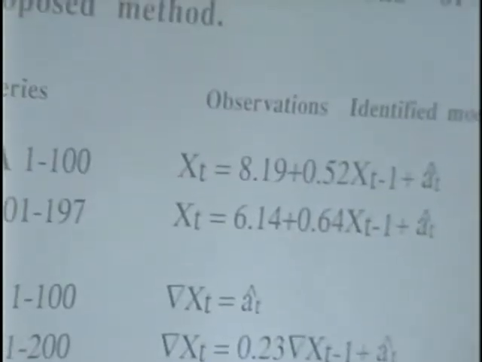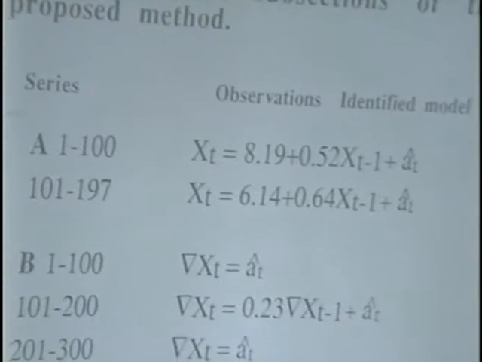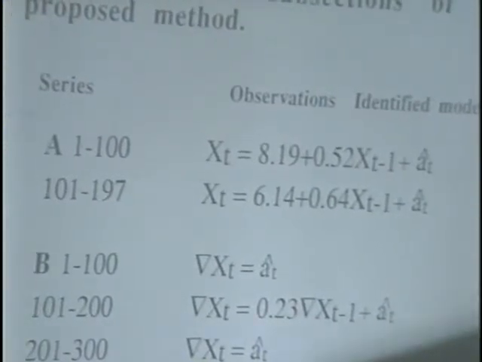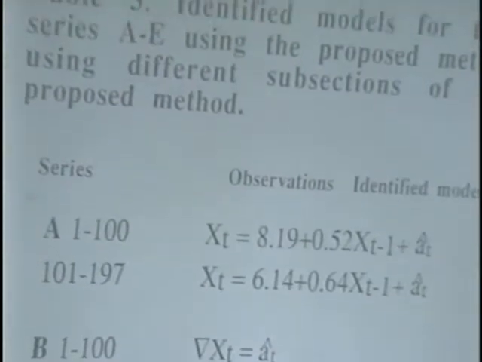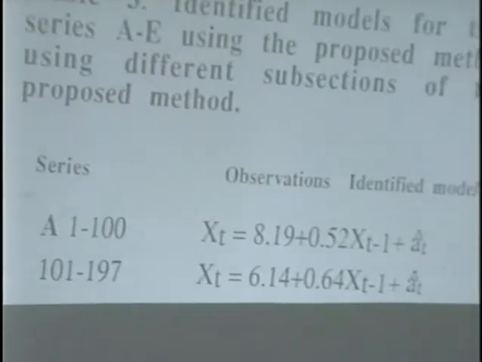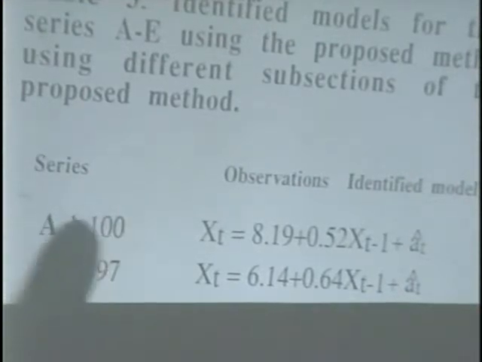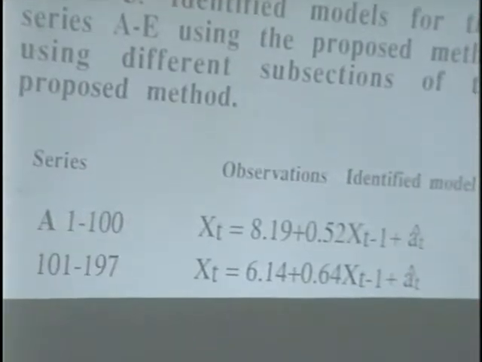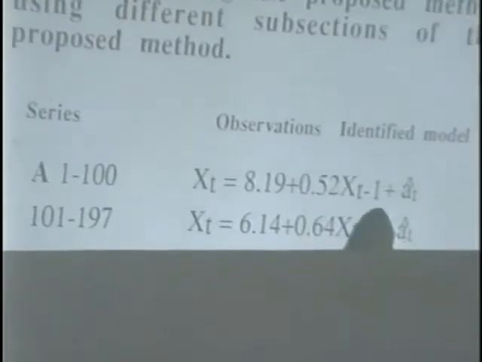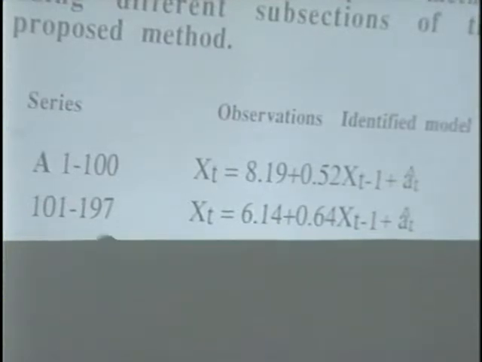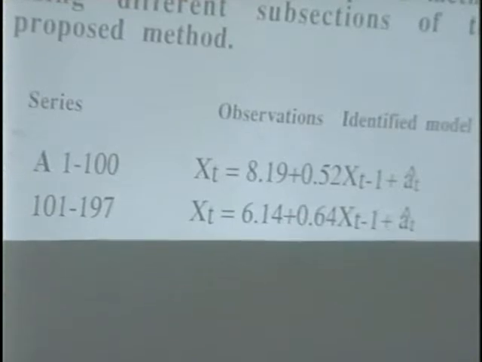If we consider subsections of the series, that means we try to test whether the observed series are stationary or not, and we observe that for time series A, the first 100 observations lead to an AR(1) model, as well as the last 97 observations.